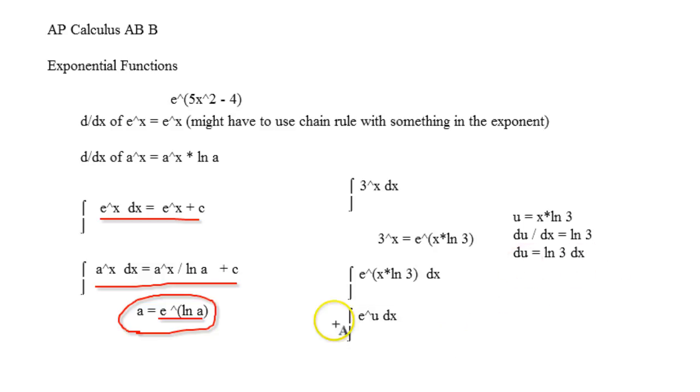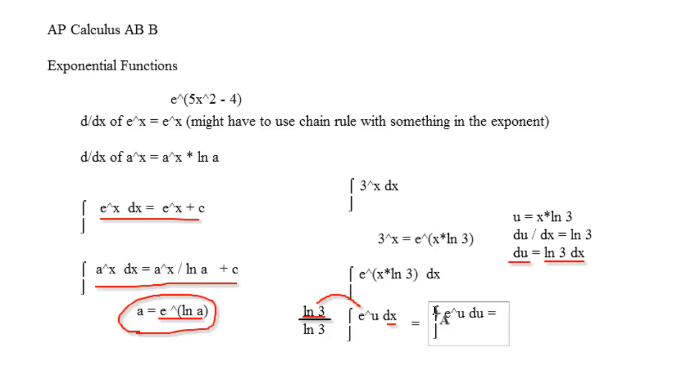So what I'm going to do is have the constant out here be the natural log of 3 divided by the natural log of 3. I'm going to bring the natural log of 3 in here because I need to match up this natural log of 3 and dx with du. What I'm left with is the integral of e to the u du.